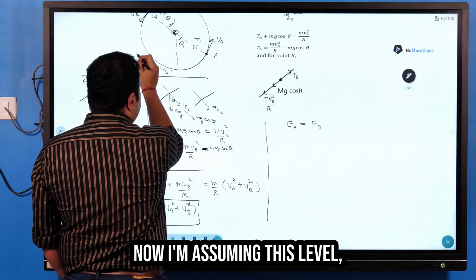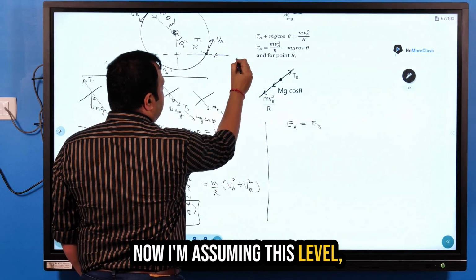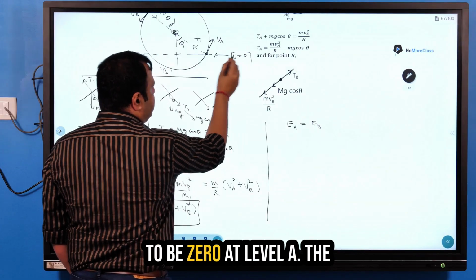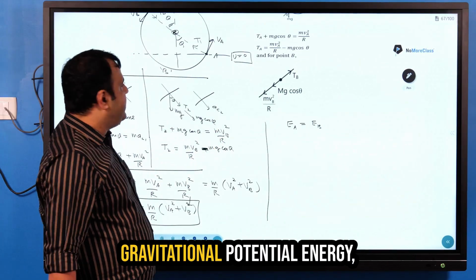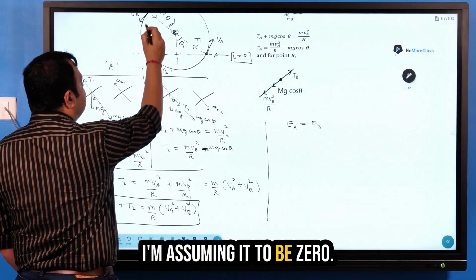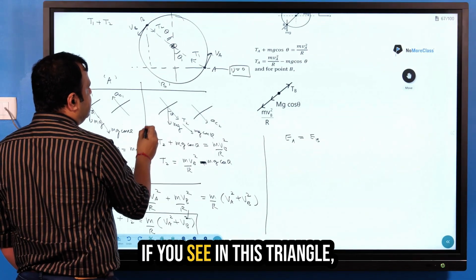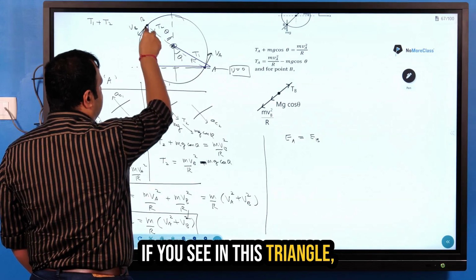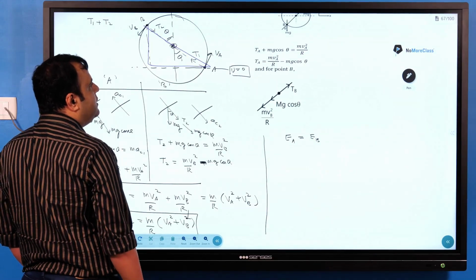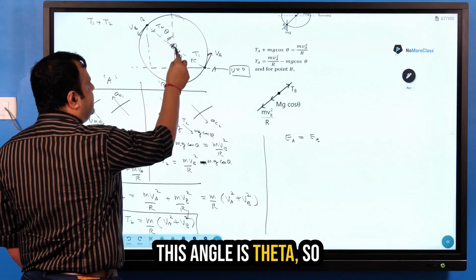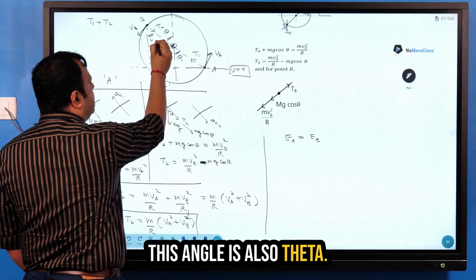Now, I'm assuming this level's gravitational potential energy to be zero. At level A, the gravitational potential energy I'm assuming to be zero. In this triangle, if you see, this angle is theta, so this angle is also theta.